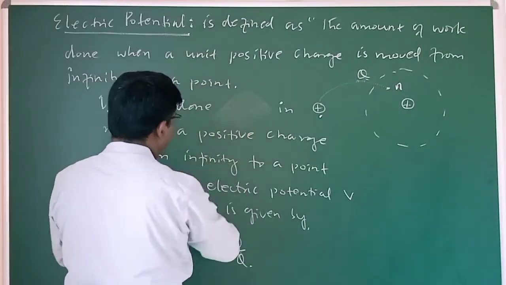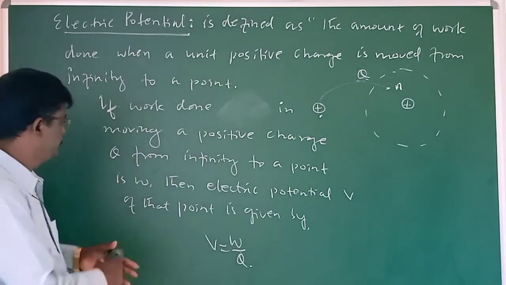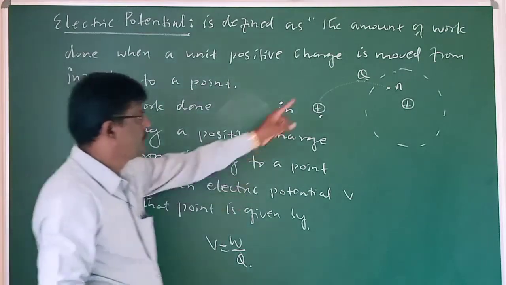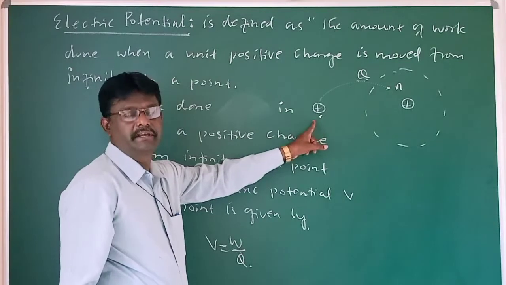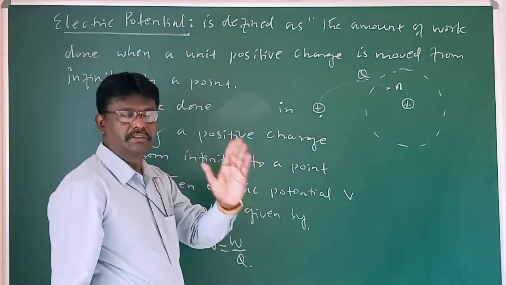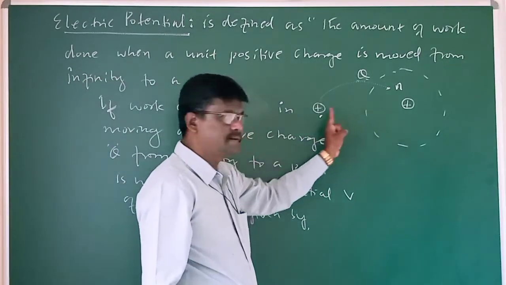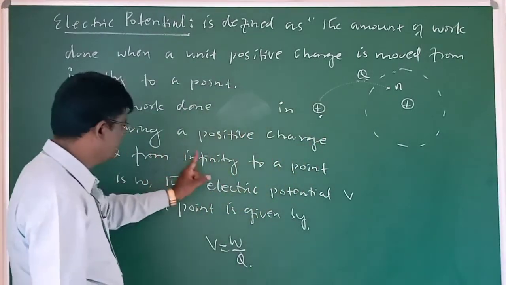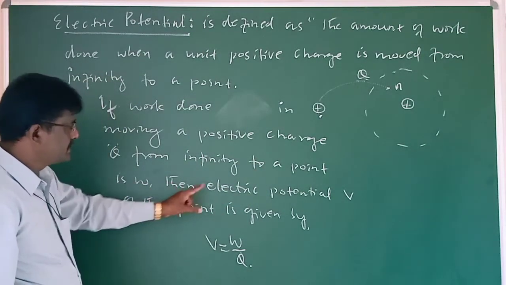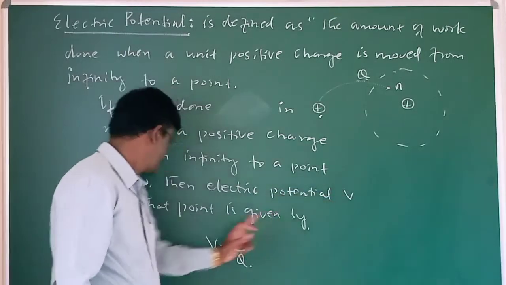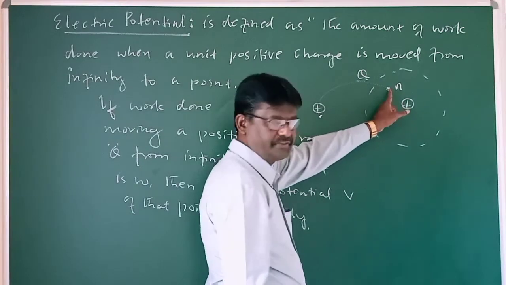If work done in moving a positive charge Q from infinity to a point is W, then the electric potential V of that point... What is actually infinity? The point at which potential is zero, means its effect is not felt.